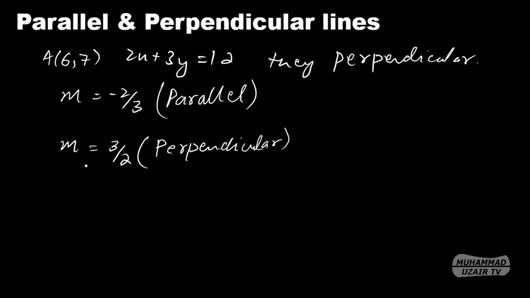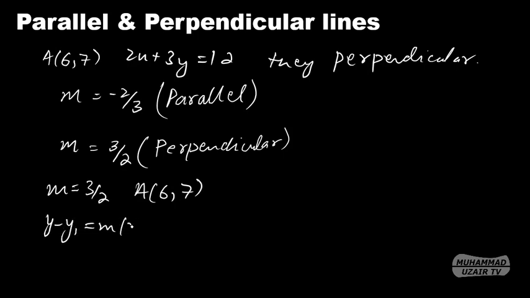So now we have the slope and the point. Now we can easily find the equation of the line. So y minus y1 is equal to m times x minus x1. Let's suppose this is x1, this is y1.